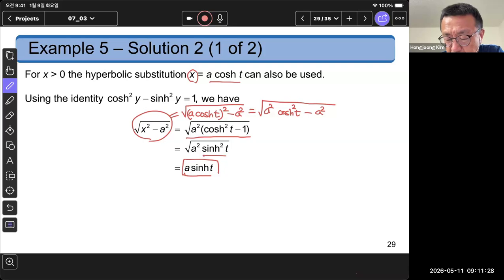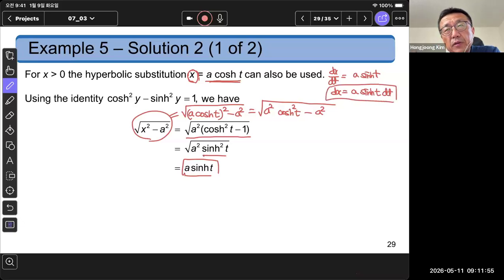Now, if x is replaced by a hyperbolic cosine t, then what is dx dt? That will be a hyperbolic sine t. So dx will be a hyperbolic sine t dt.